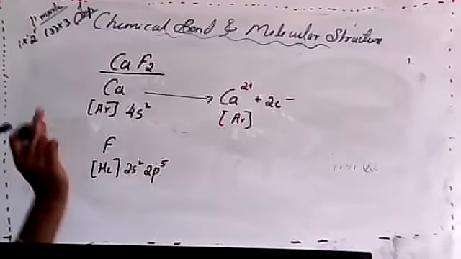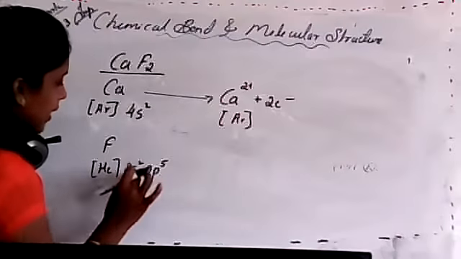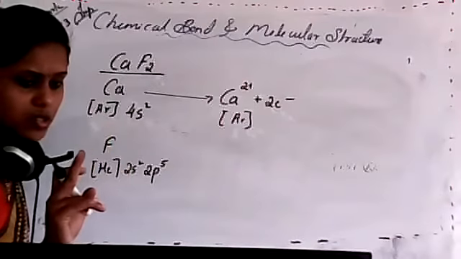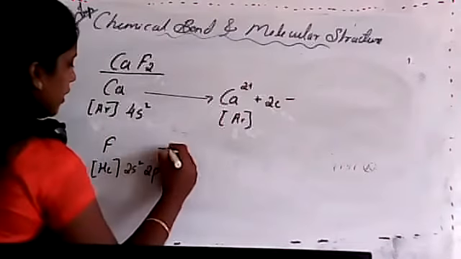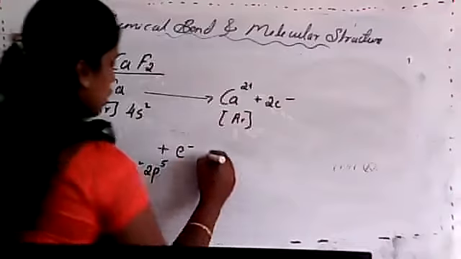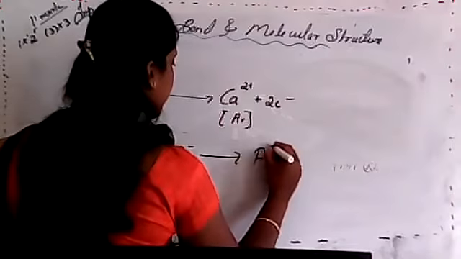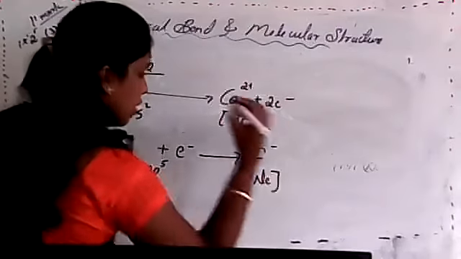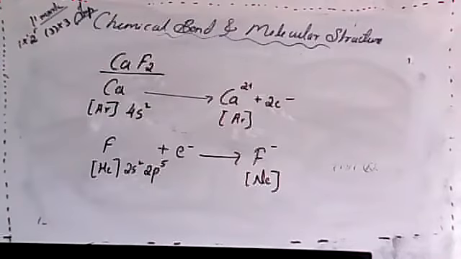So now again think over this. It needs only 1 electron to attain a stable electronic configuration. So that's why it gains 1 electron to form F minus, and it will be of neon electronic configuration. Isn't it, student?